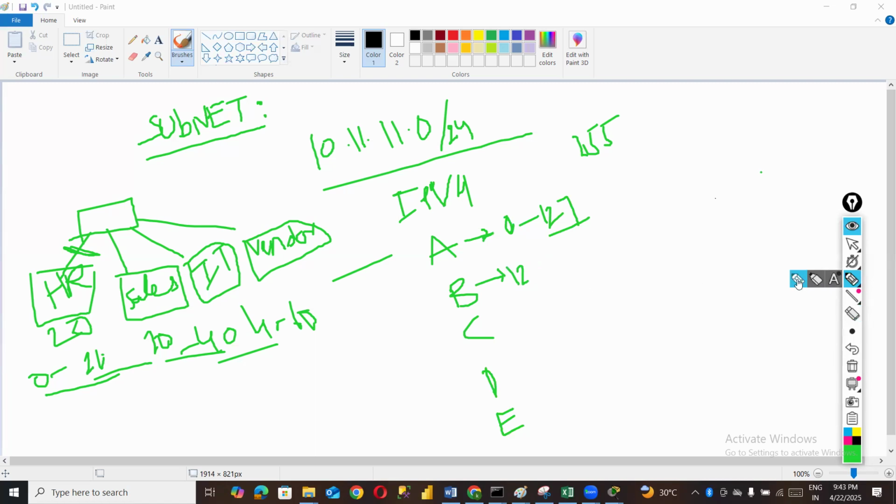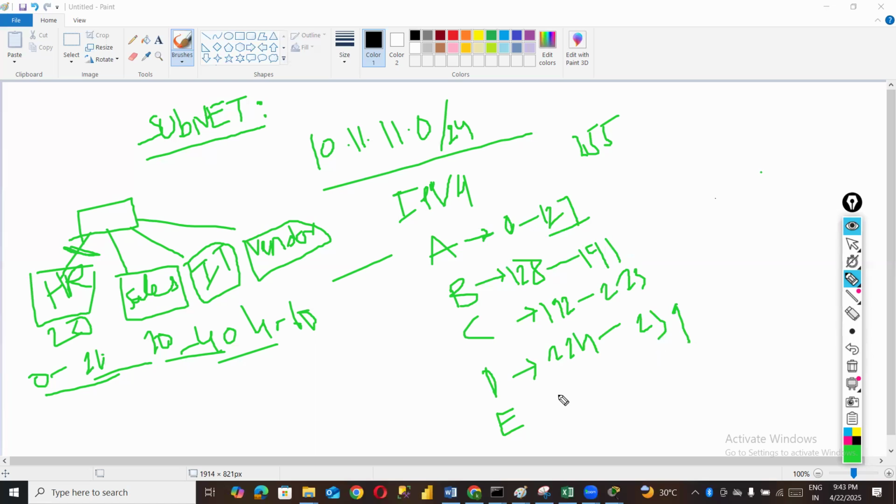The Class C network is 192 to 223. Class D is 224 to 239.